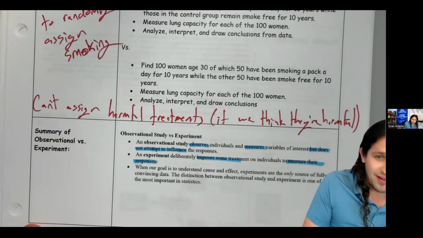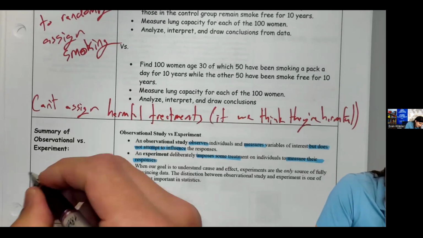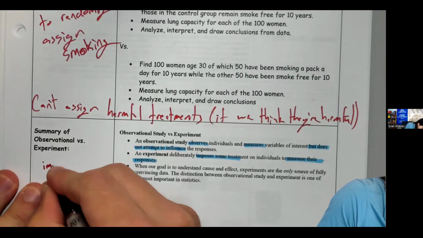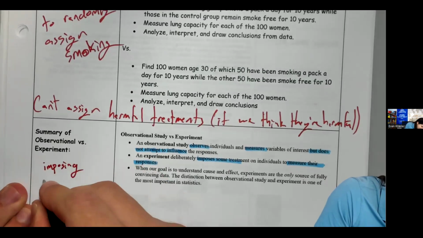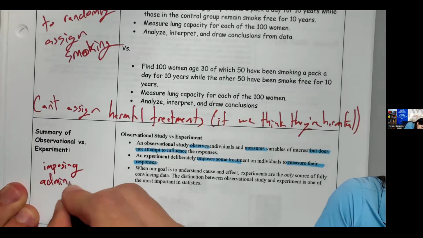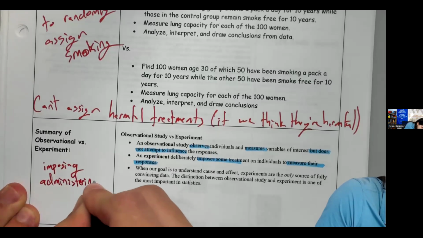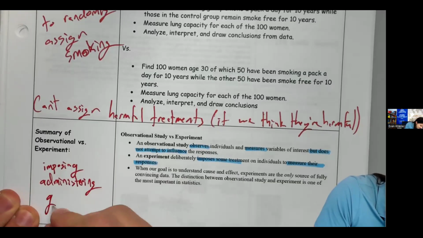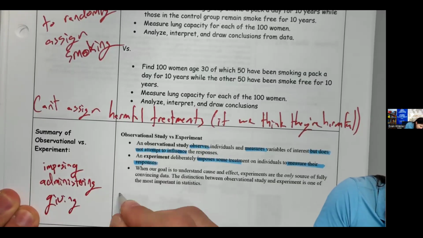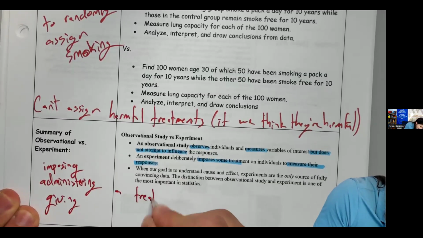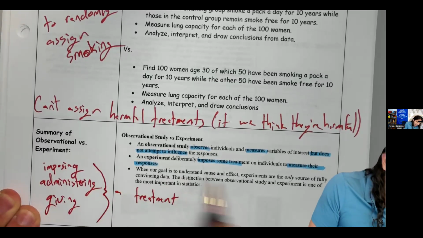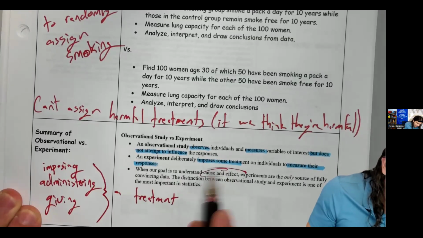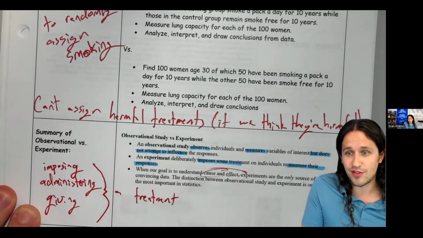So when you're talking about experiments, you need to talk about imposing, maybe administering, maybe giving a treatment. If we want to know about cause and effect, what do we got to do?